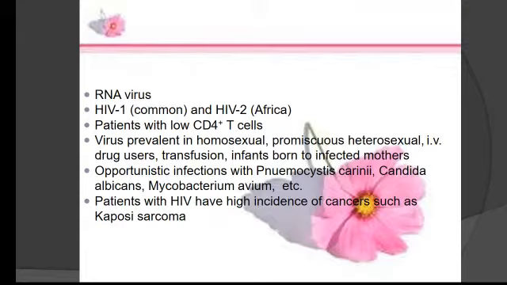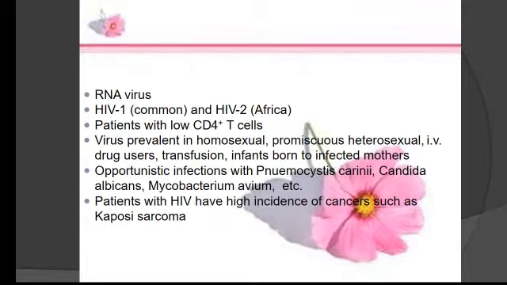Then we have virus prevalence in promiscuous homosexuals, IV drug users, transfusion, infants born to infected mothers, and opportunistic infections with Pneumocystis carinii, Candida albicans, and Mycobacterium avium, etc.